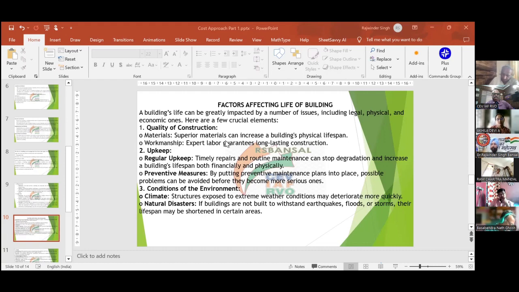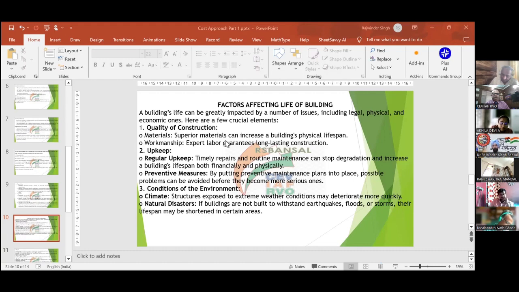Environmental conditions also affect the life of the building. If it is in a very damp environment, or if it is nearer to the seashore where the sea waves are affecting the building. So it will depend upon the conditions of climate, and of course in case of natural disasters.